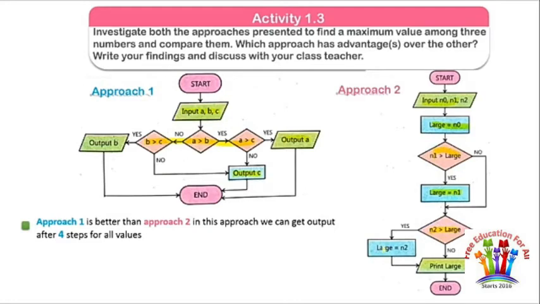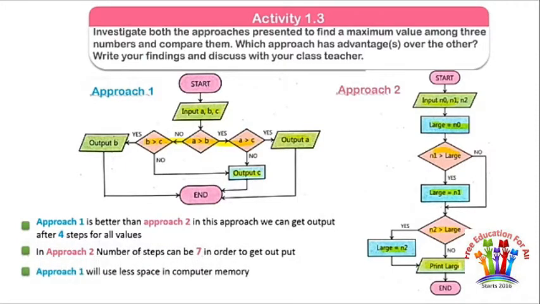Now we will check approach number 2. There are 7 steps, which I have highlighted with a pen. We will check which approach consumes maximum memory. There are 7 steps in approach 2, so it takes 7 steps, but approach 1 takes 4 steps.